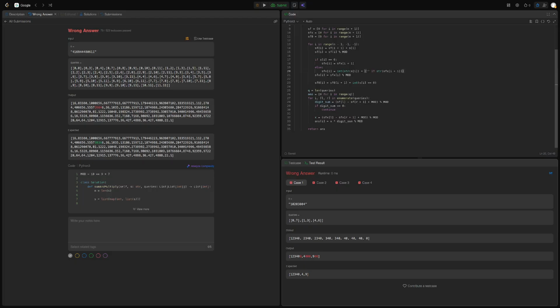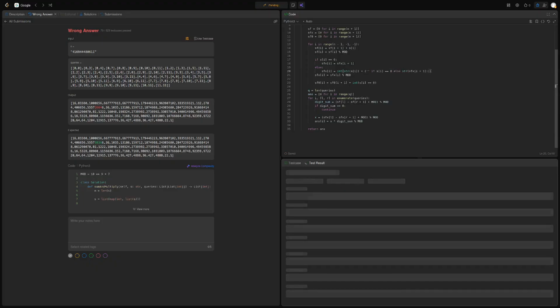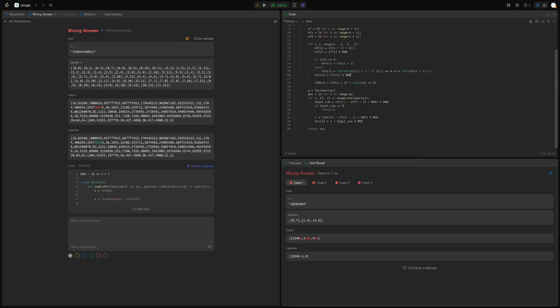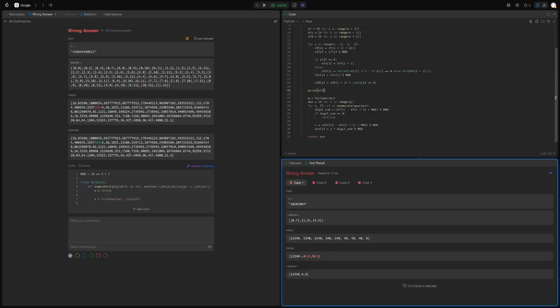If suffix e, no, if si 0, else this. No, if so 0, 1, 2, 3, right?